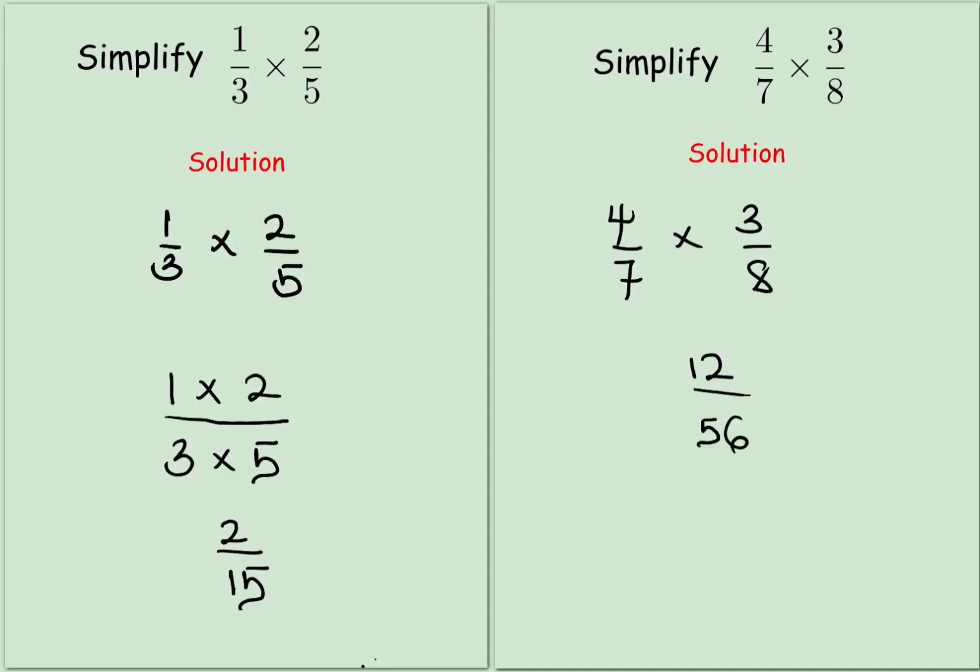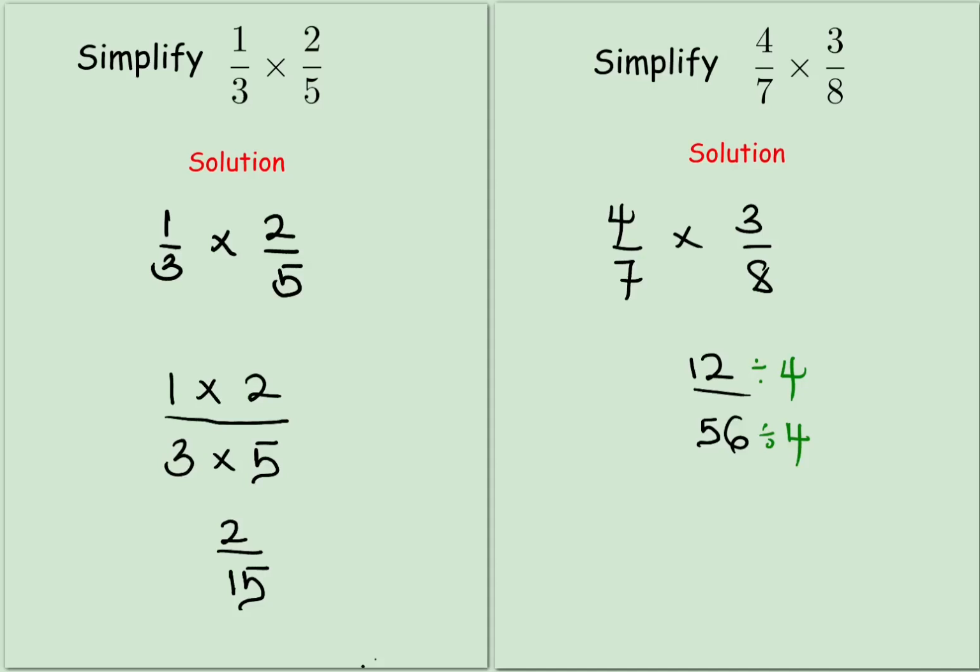Now, if you have the fraction in this form, we best advise you leave it in its simplest form. So we ask ourselves, is there any number that can divide both 12 and 56? Yes, there is a number. That is 4. So we are going to divide the numerator by 4, so 12 divided by 4, and then the 56 as well divided by 4.